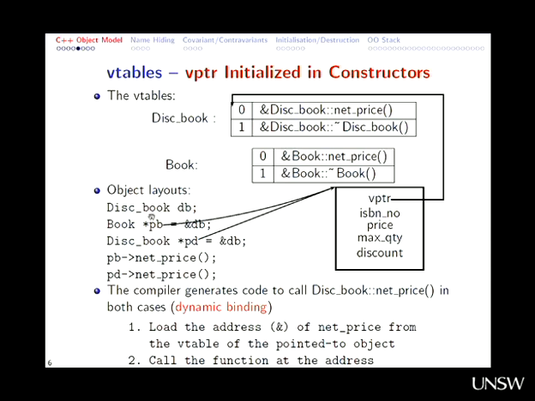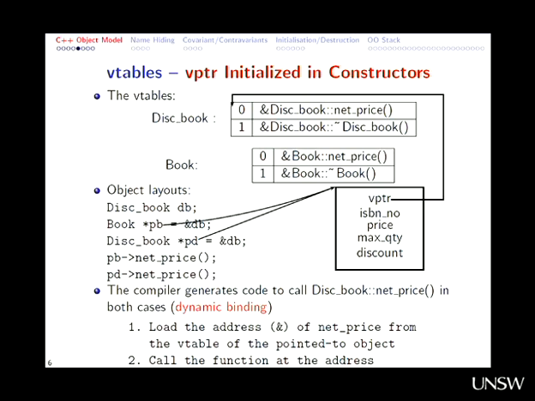If we then create a pointer of book and assign it the address of the discounted book object, it gets the pointer to the starting point of this object here. So the book pointer was assigned the pointer to this whole memory structure, the discounted book object in memory.